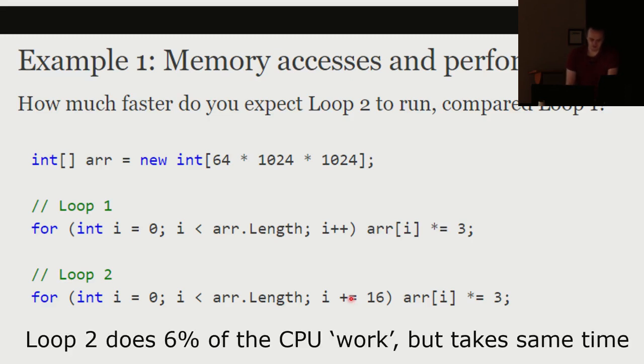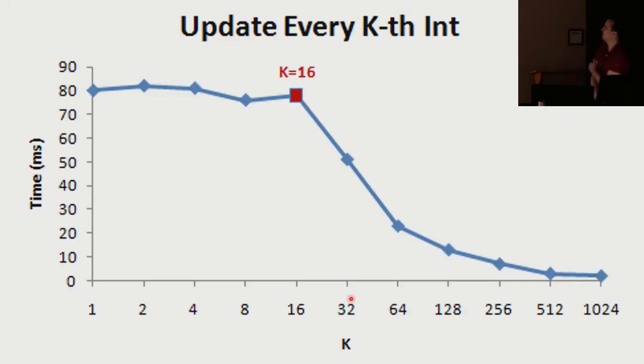So what happens is, if you look at a graph of this k value, if you write the same loop with different values of k, 1, 2, 4, 8, 16, even though they're doing variable amounts of CPU work, it's the same number of cache misses that are happening, and so it takes the exact same amount of time, right?